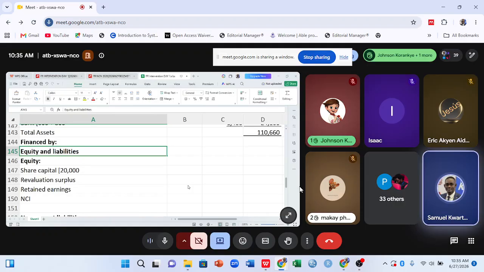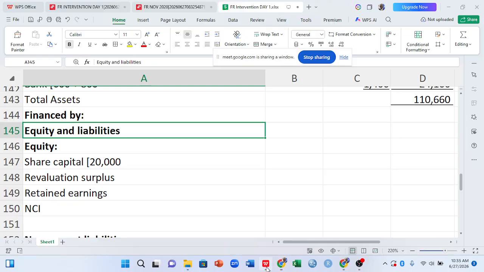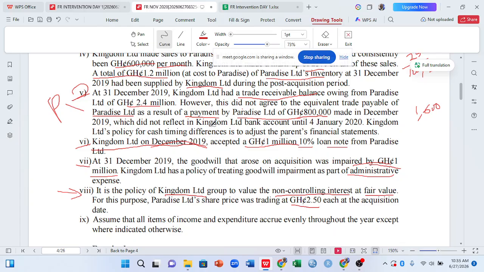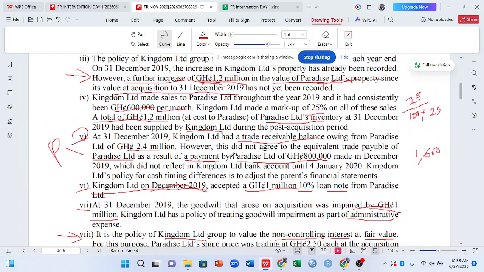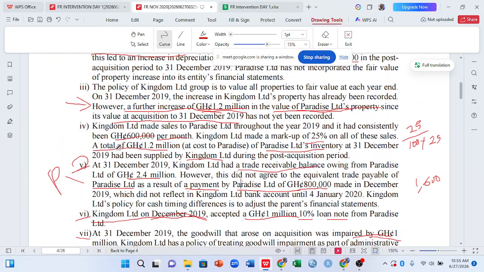That was the closing inventory from the intra-group sales. A total of 1.2 million at cost to Paradise Limited's inventory at 31st December had been supplied by Kingdom. So this was out of the intra-group sales. This was what was left.